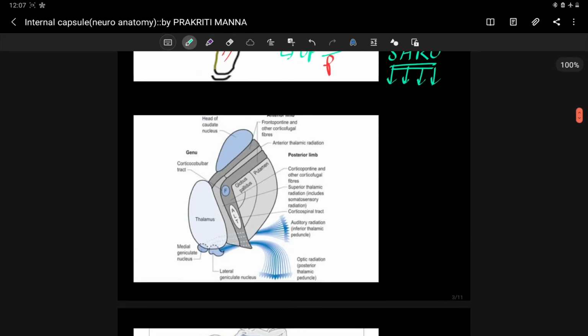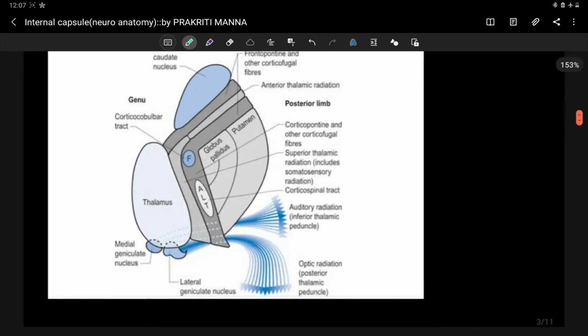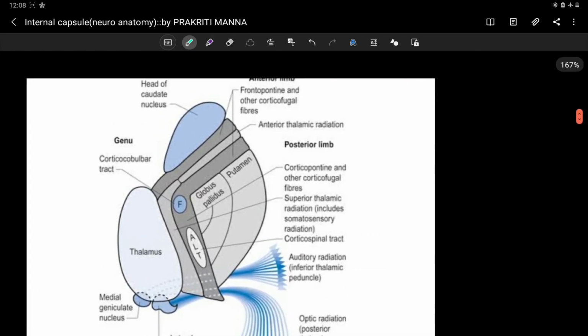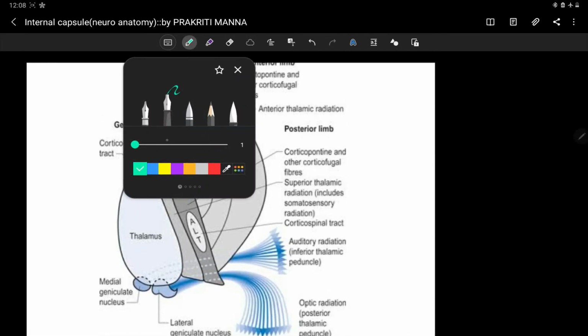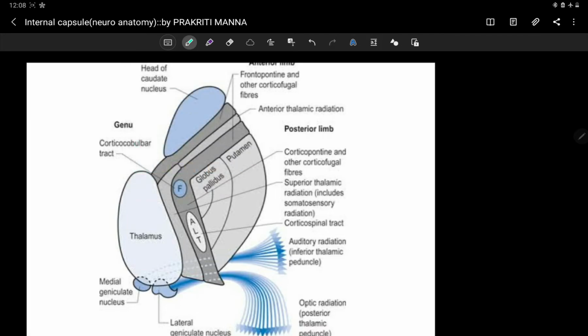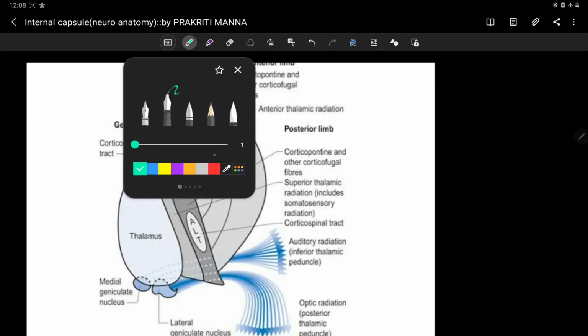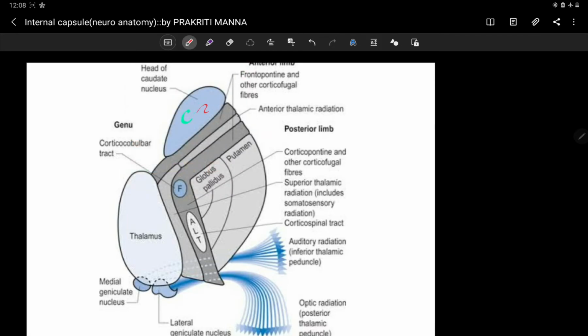Now let's talk about this diagram. Same diagram you can see here. What is this structure? This is your head of caudate nucleus. This is your thalamus. This is your lentiform nucleus, with putamen and globus pallidus you can see here.